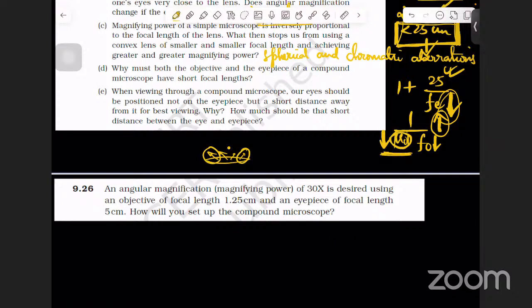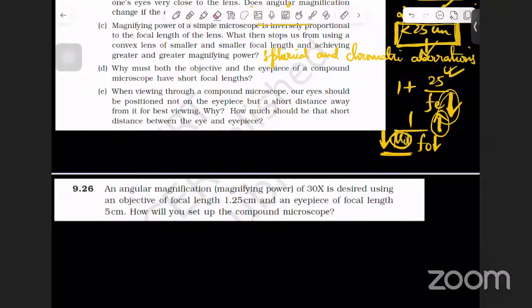They won't go inside your eye. But if you keep it at a higher point, you can increase your field of vision. So you can actually take into account these rays also which are coming. So we'll find the object a bit brighter and clearer if you see from a little distance from the eyepiece.